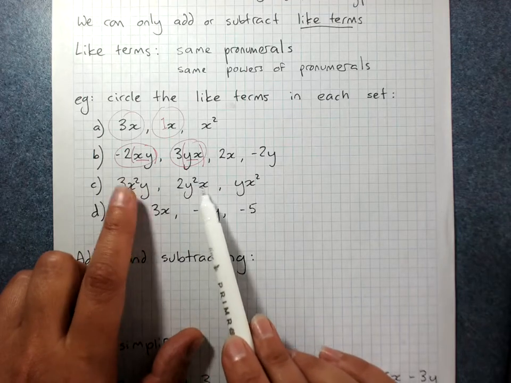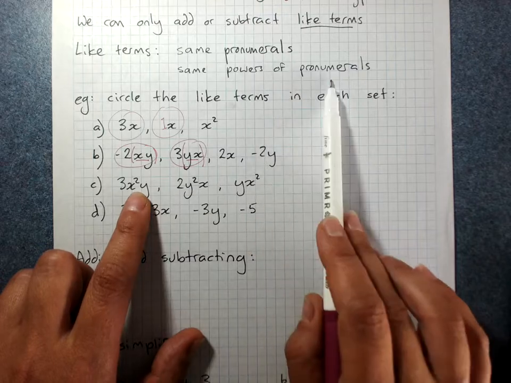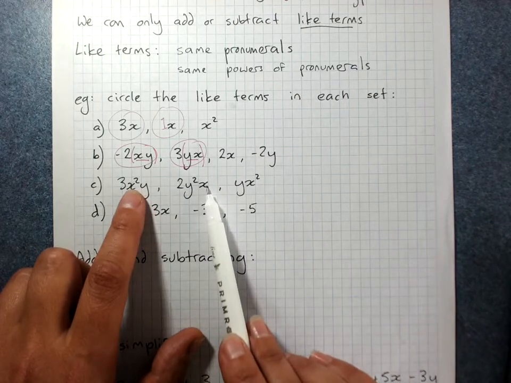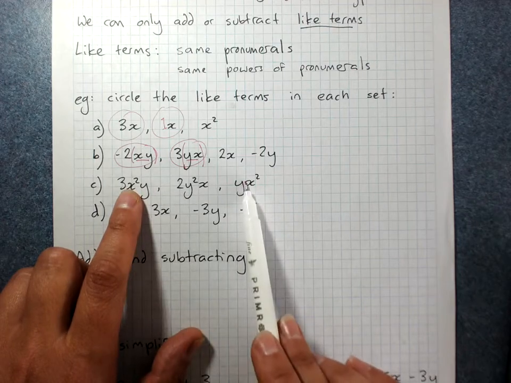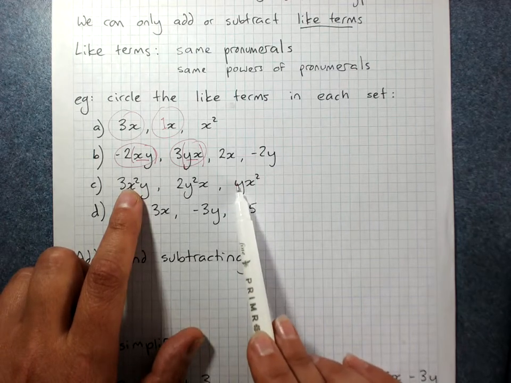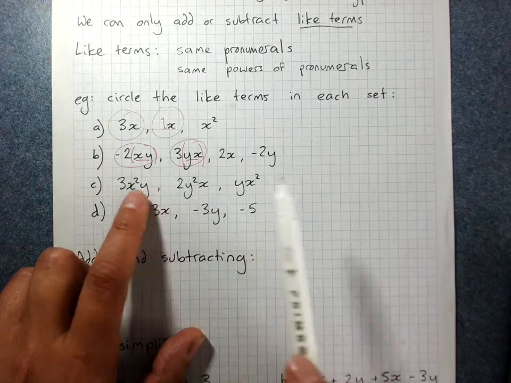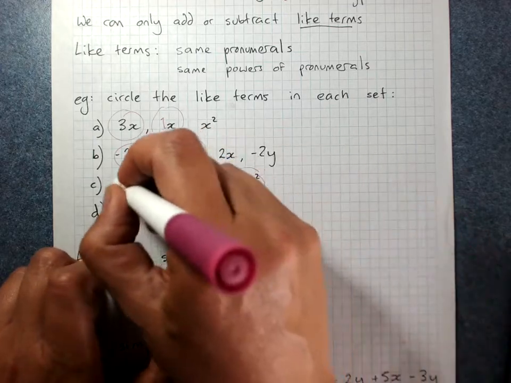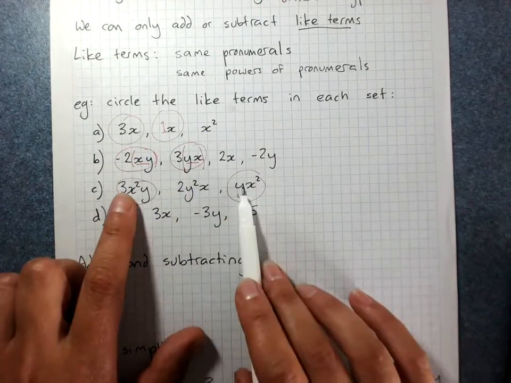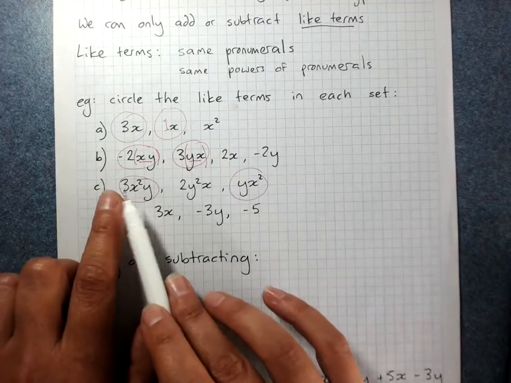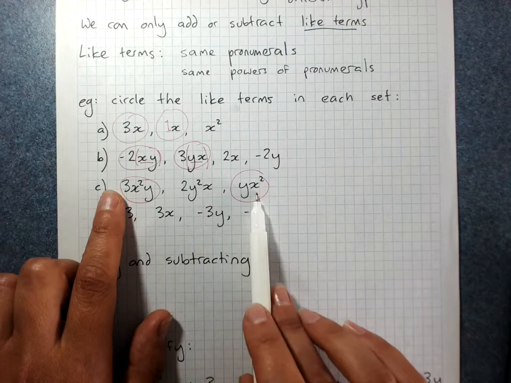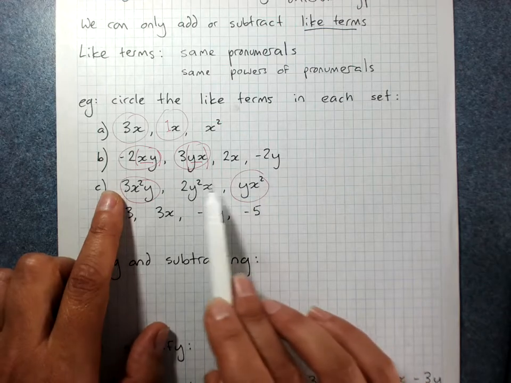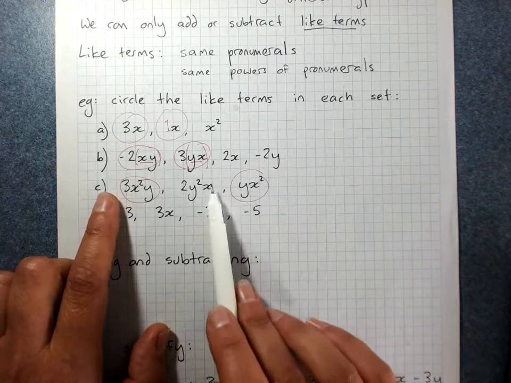These are not like terms because the powers of the pronumerals are different. The x should have the squared to match that. Here, the x has the squared and the y doesn't have any other power. These two are our like terms. They're the same things. I've got 3 lots of x squared y and another lot of x squared y. This can't get counted with these two.